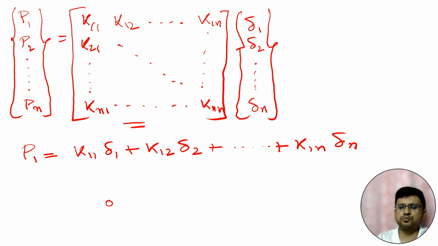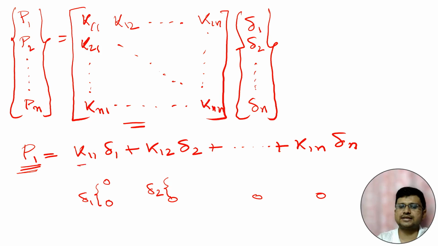Now if we provide different displacements at different nodes, displacement delta 1 at node 1, displacement delta 2 at node 2, then what is the reaction generated at node 1? That is actually P1. Due to displacement at different nodes, there will be some reaction force generated at different nodes. The reaction force generated at node 1 is P1.